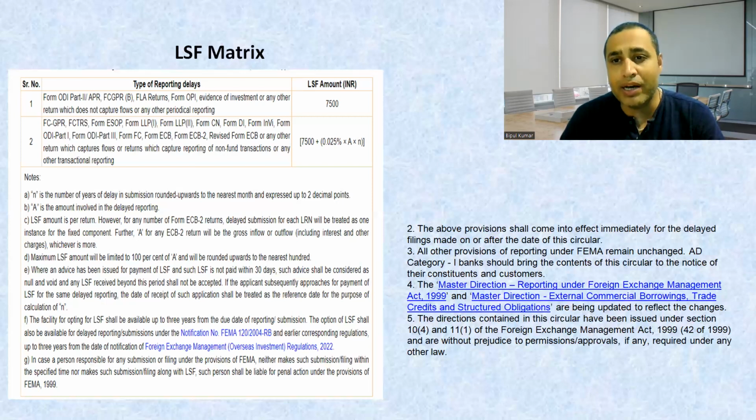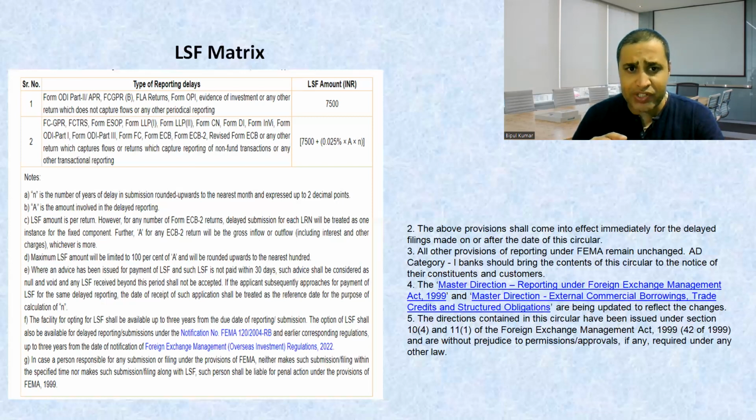of 7,500 per return. And second, from FC GPR, FC TRS, ESOP, LLP 1, LLP 2, CN, DI, INVI, ODI Part 1, Part 3, FC, ECB, ECB 2, and revised ECB or any other return which captures flows or returns, reporting of non-fund transactions or any other transaction reporting.